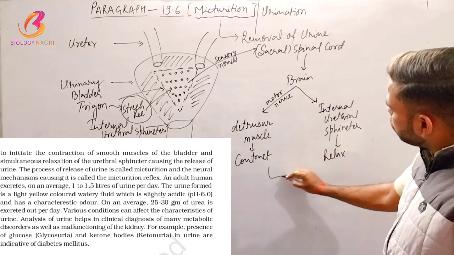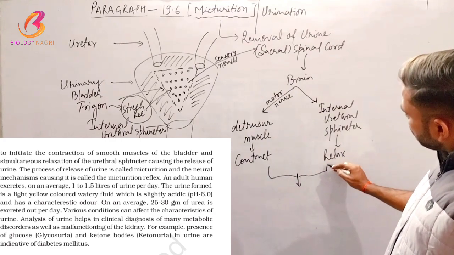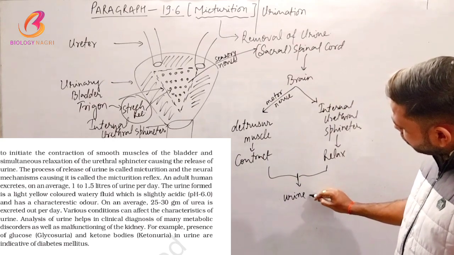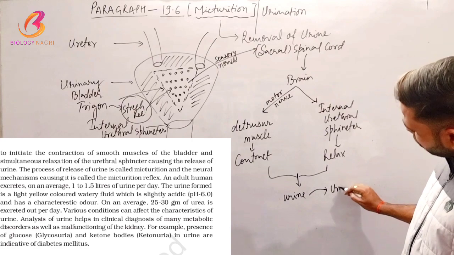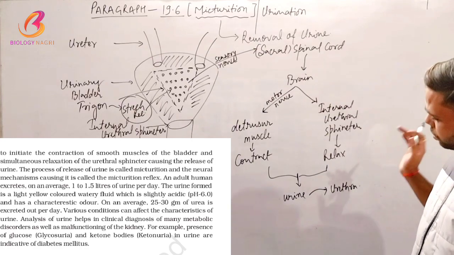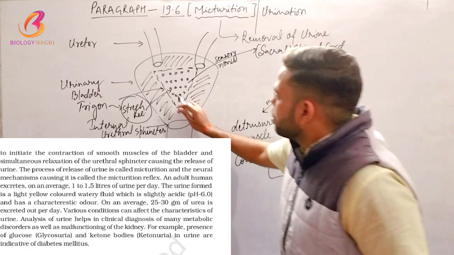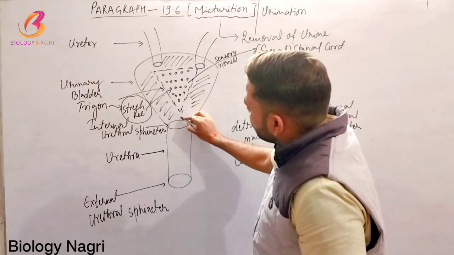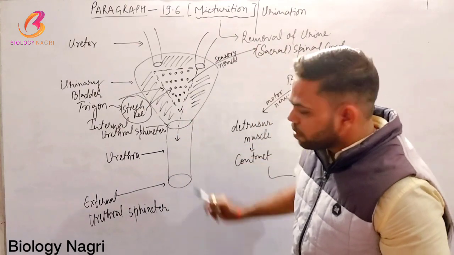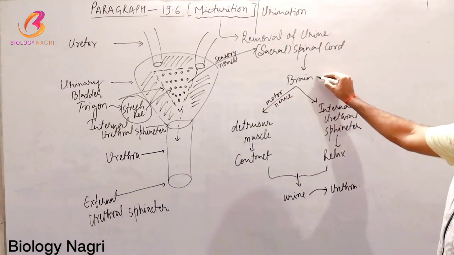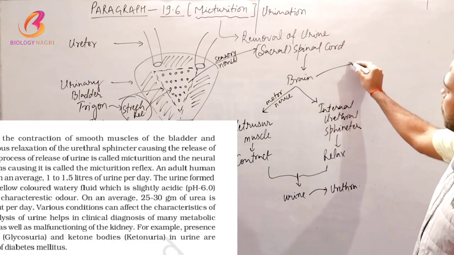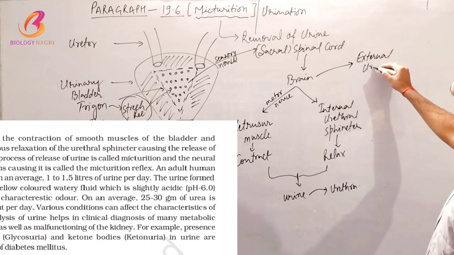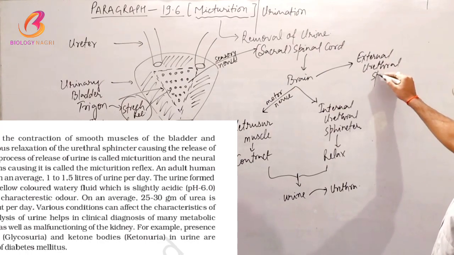By these two functions, according to the brain, the urine will enter the urethra. It means by the pressure of the detrusor muscle and the relaxation of the internal sphincter, urine has started entering the urethra.